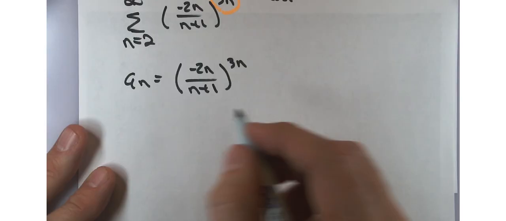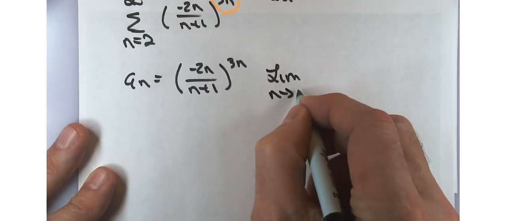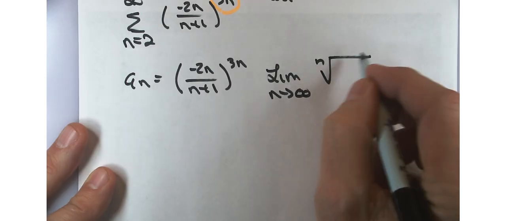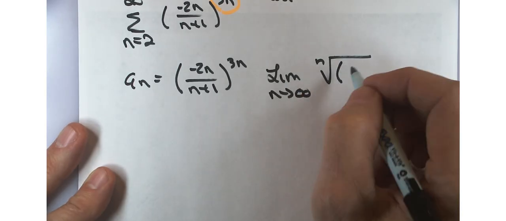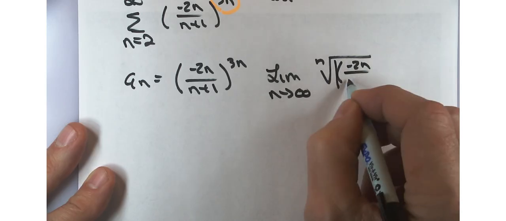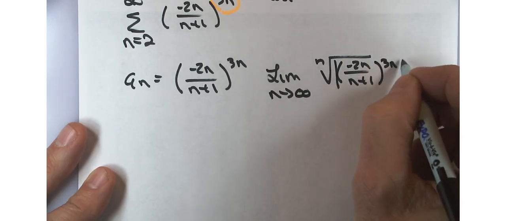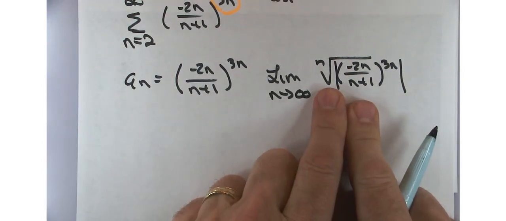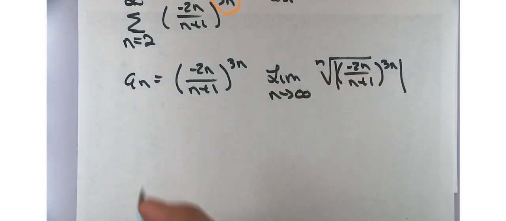So if I want to calculate the limit as n approaches infinity of the nth root of the absolute value of this, negative 2n over n plus 1 raised to the 3n. The absolute value is going to control that negative, so I'll look past that.